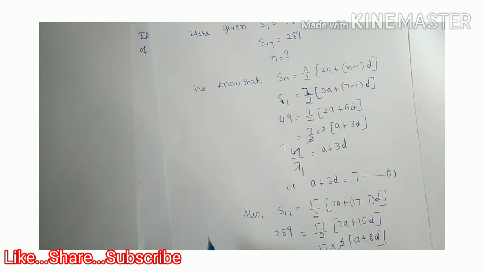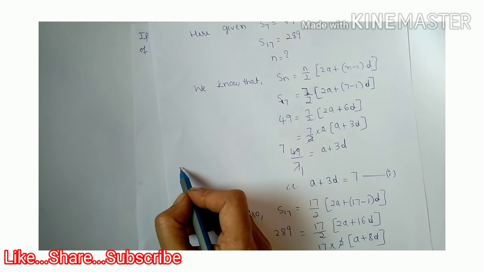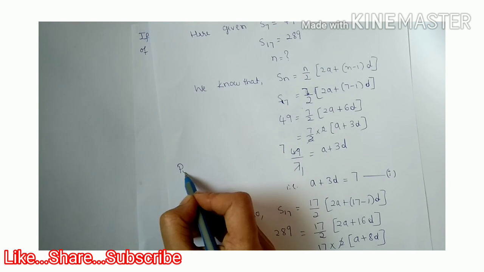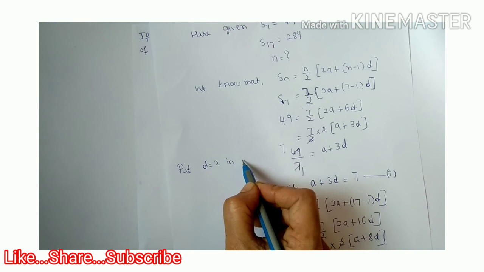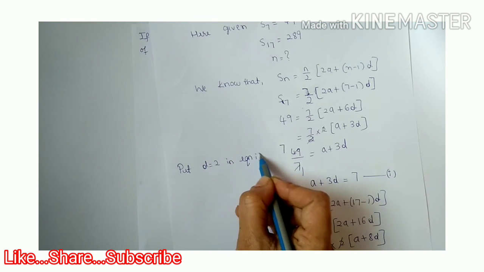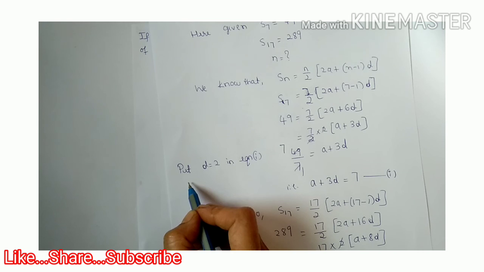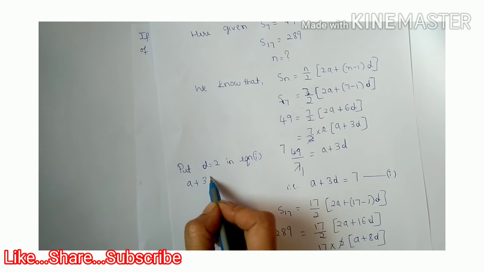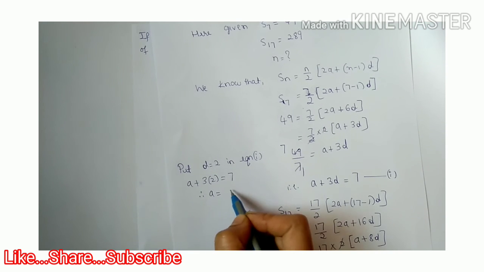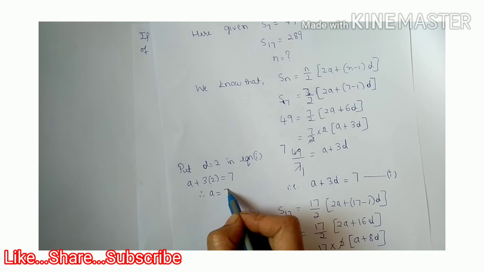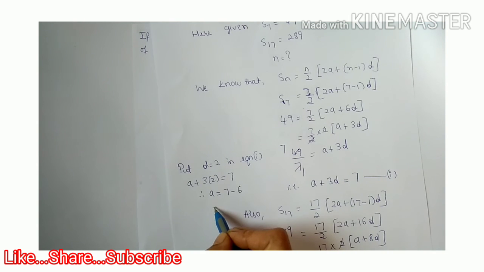Put d is equal to 2 in equation 1: a plus 3 into 2 is equal to 7, or a is equal to 7 minus 6. That is a is equal to 1.